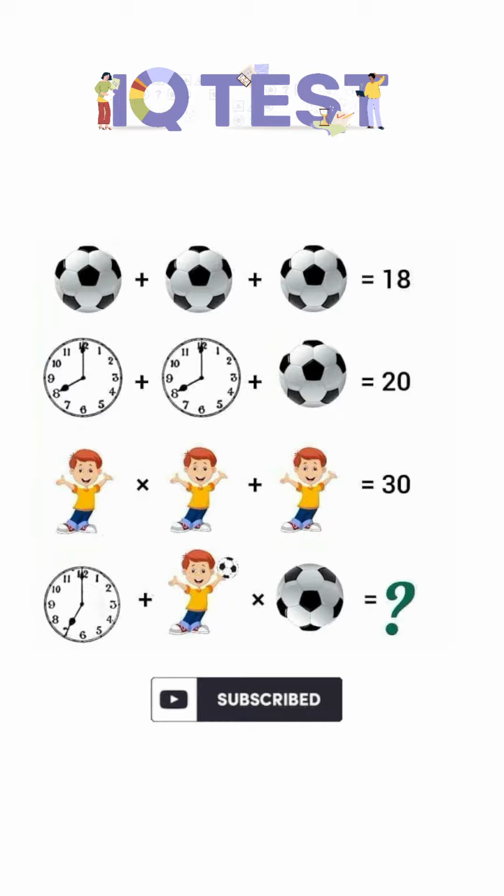The boy is 5. Simon, are you sure? So 5 times 5 is 25 plus 5. Okay. So what is the final answer?